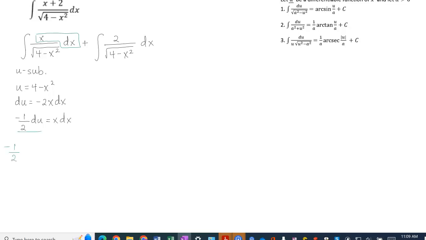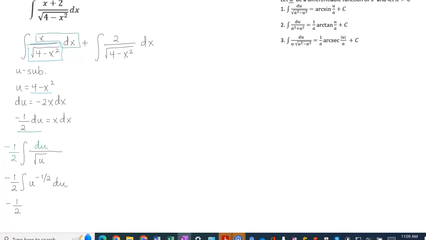I'll go ahead and put the negative 1/2 on the outside of the integral and leave the du in the numerator. And then in the denominator, we simply have the square root of u from this 4 minus x squared that's in the denominator. So this first integral is simply negative 1/2 the integral of u to the negative 1/2 du.